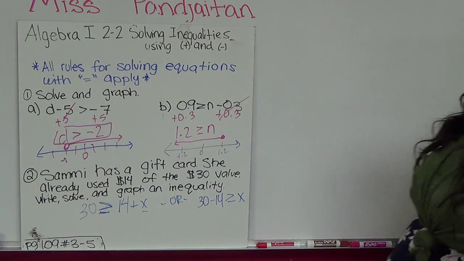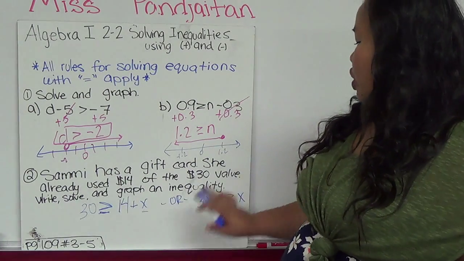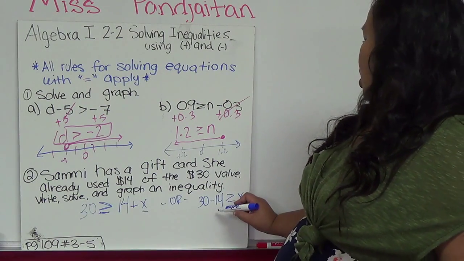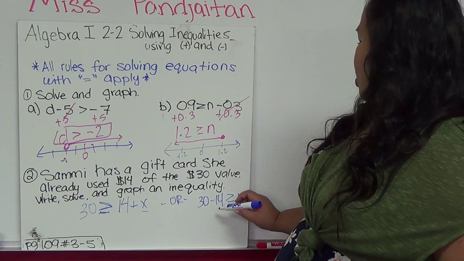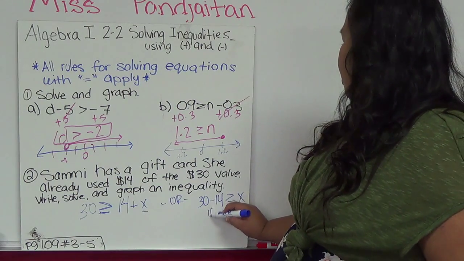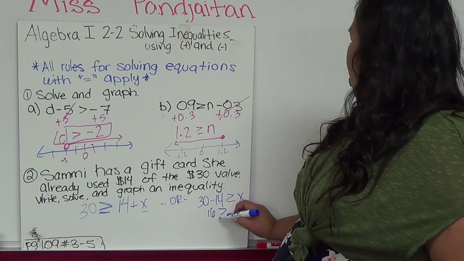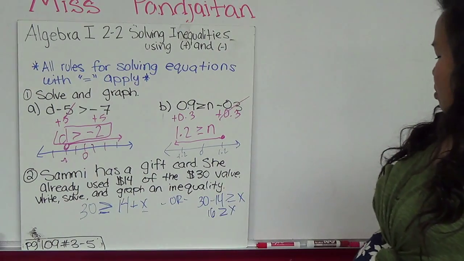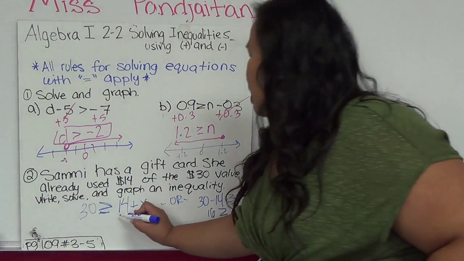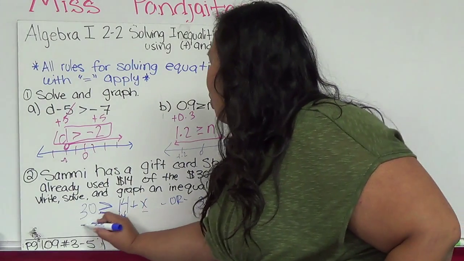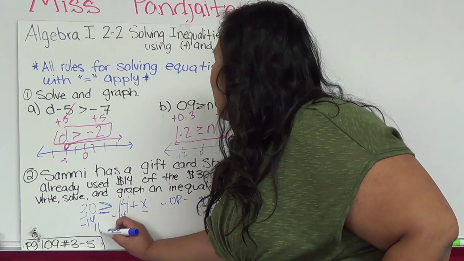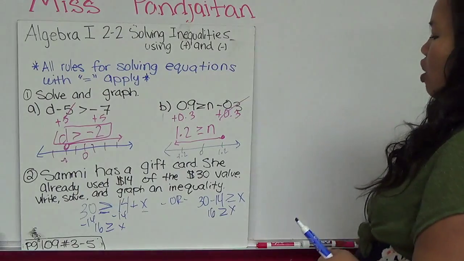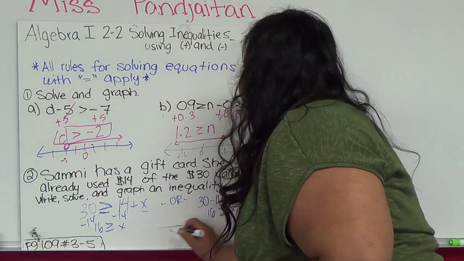If we solve them both, this one gives us 30 minus 14, which is 16, is greater than or equal to x. Or with the other one, I subtract 14 from both sides and end up with 16 is greater than or equal to x. Both are the same. So I'm going to go ahead and graph.